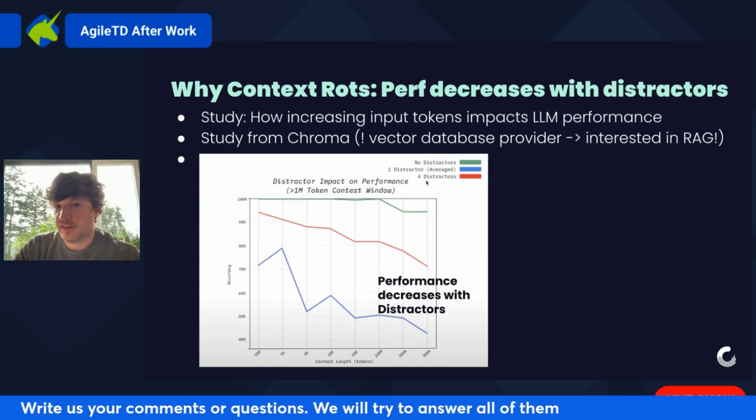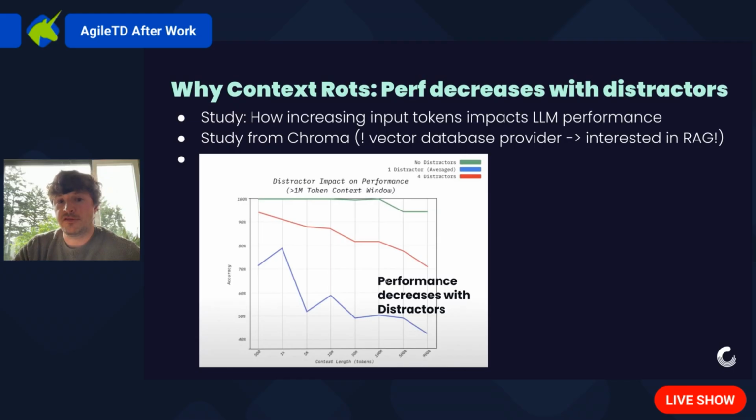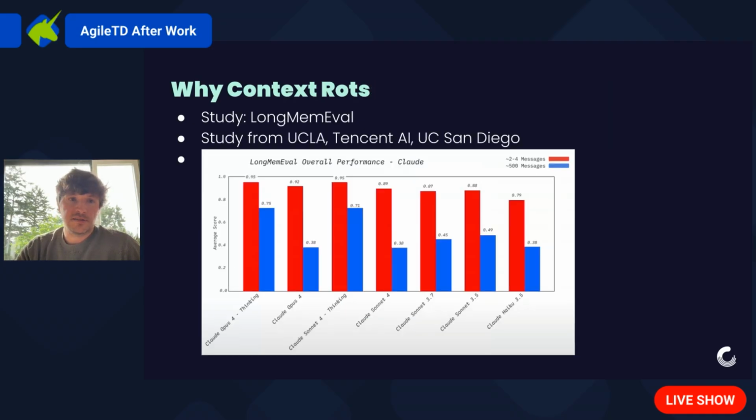So these could be seen as a distractor, and the more of these distractors you have in your context length, which could be like the entire code base, the sooner the performance will degrade. So these are some of the findings from the Chroma study.